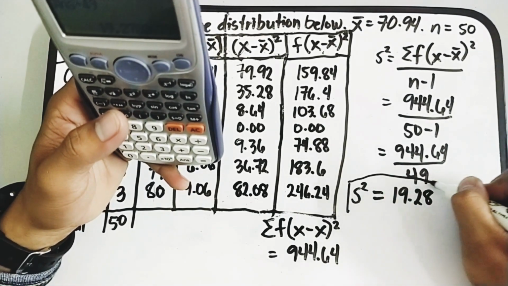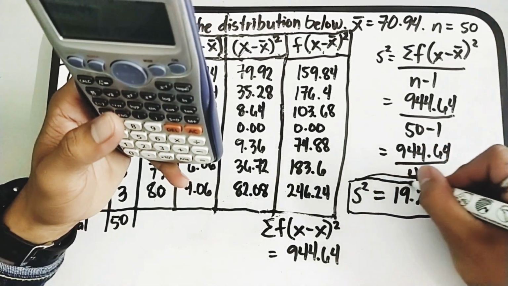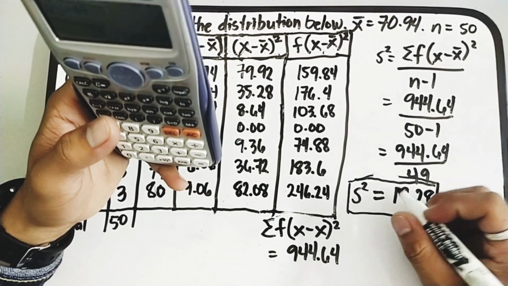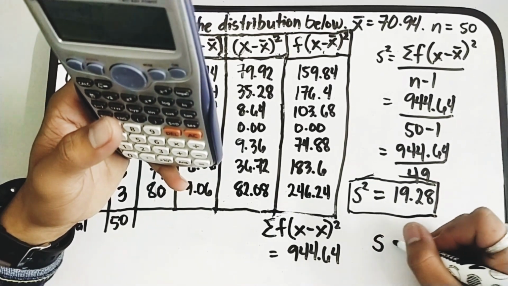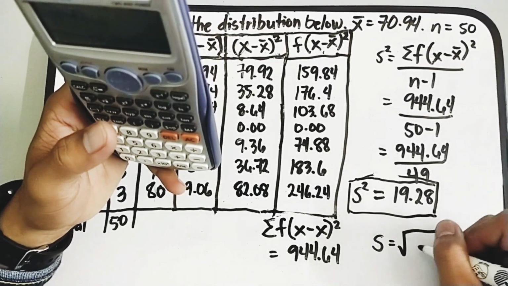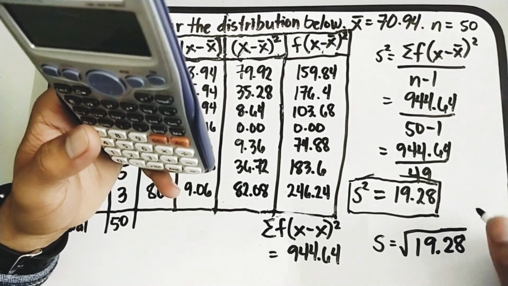So, again, sabi nga natin, pag na-compute natin yung variance, makukuha na din natin yung kanyang standard deviation. Kasi nga, yung standard deviation is equals to square root lang nito, wherein 19.28 square root lang ng ating variance.